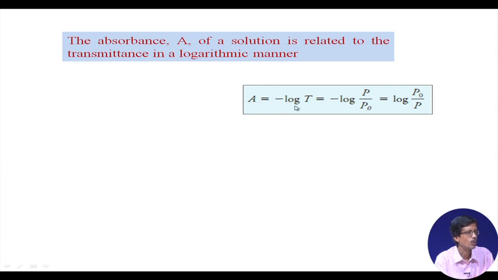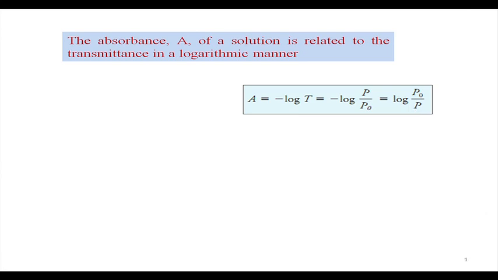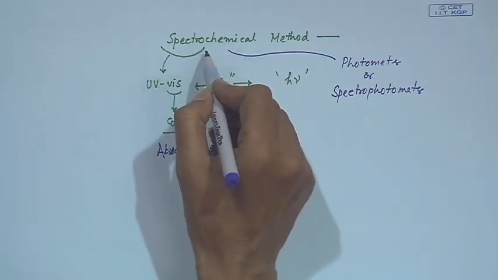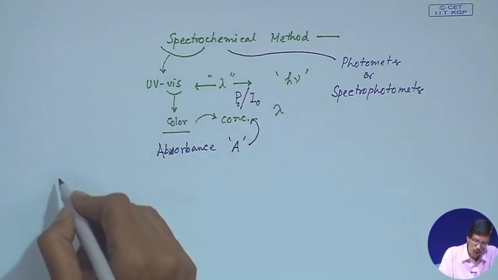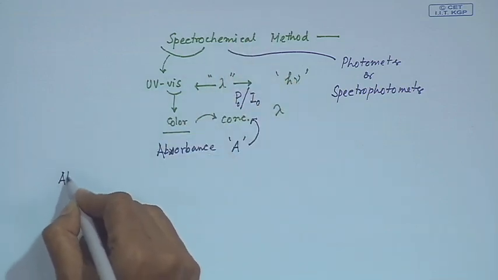A is equal to minus log of T, where T is the transmittance, nothing but the ratio of the power of the light, I by I0 or P by P0, or A is log of P0 by P. These things are very useful for absorption, and when we apply these spectrochemical methods for absorption, we also call it absorption spectrometry.